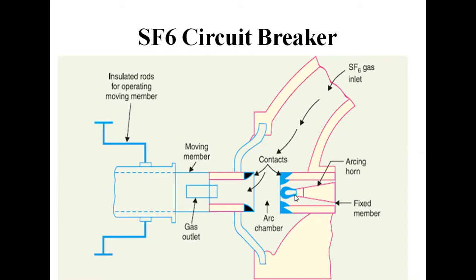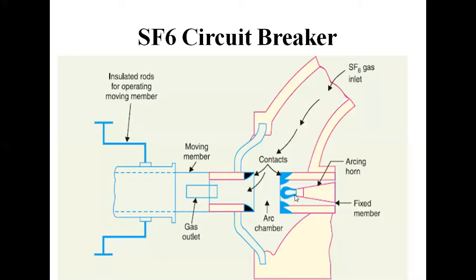And I told you that whenever the moving contact and fixed contact are opened, an arc is struck between these two contacts. The free electrons are rapidly captured by the SF6 gas, and it forms immobile negative ions. Now, when you absorb free electrons, what will happen?